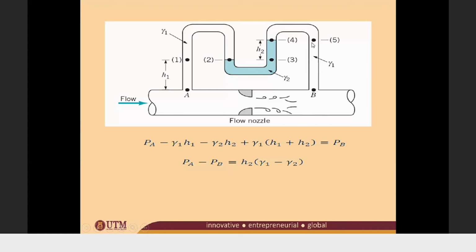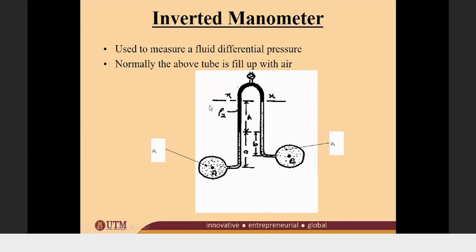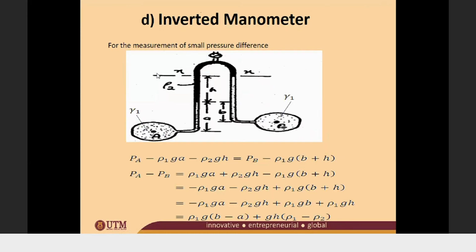So rho 1 (H1 plus H2), this is the height, and then reach PB, and solve for PA minus PB. You can try problem 3-4 in Cengel. This is called the inverted manometer. You try, the same concept.